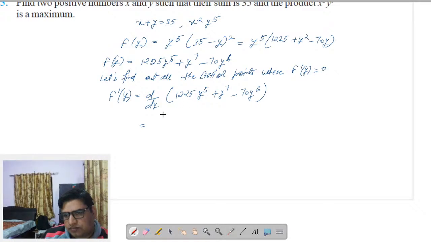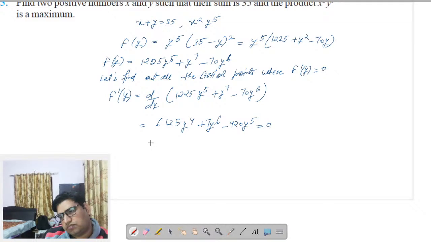Now here, 1225 into 5 is 6125 y to the power 4, plus 7 y to the power 6, minus 420 y to the power 5, and if we equate that to 0, from here we get y to the power 4 common.